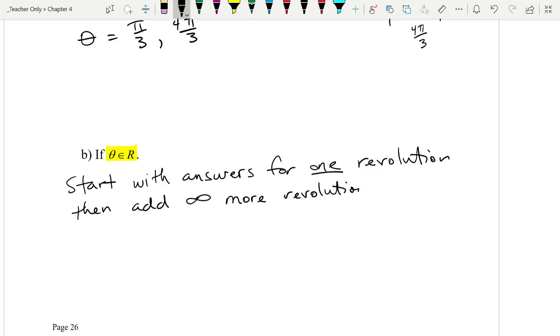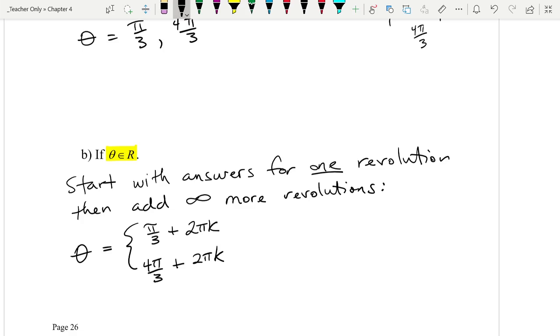And here's how you say that. You would say that theta is equal to, and this is kind of a set of answers, so you could use set notation to make yourself look fancy, π/3 + 2πk, and 4π/3 + 2πk.